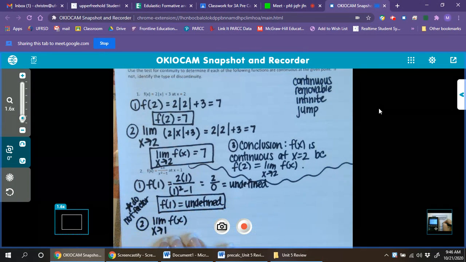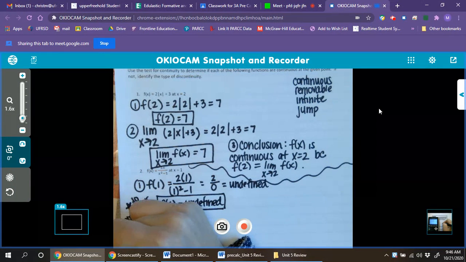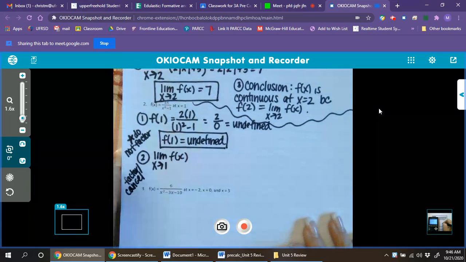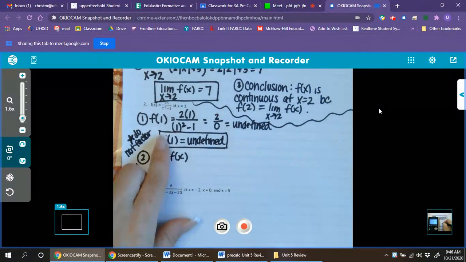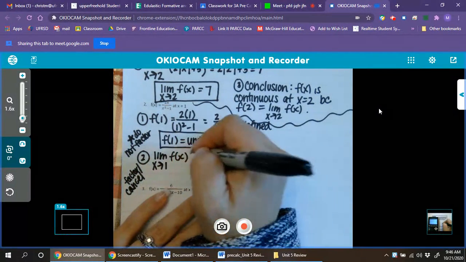When you find the limit, you're going to factor and cancel and do all of that. Okay, so I could factor this. On the bottom, I have difference of squares.